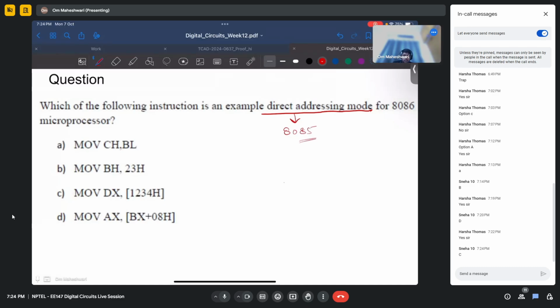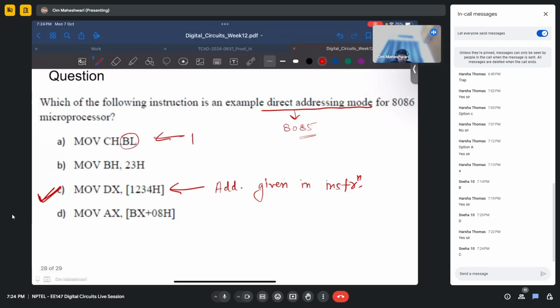So yeah, this C, you can relate it from there, right? Direct addressing is when the address is given in your instruction, right? So this is direct addressing. What is this? They have mentioned a register, so this is register addressing.